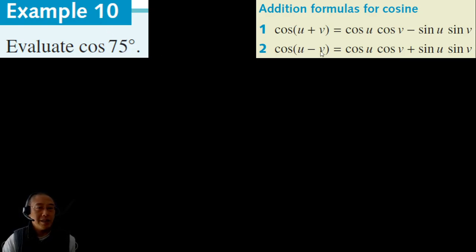First, let's say I'll go with the wrong one, the difference. It would be 90 minus 15. We don't have an exact value for cos of 15 degrees or sine of 15 degrees. So move on to a sum. What would be a sum here, with the 5? The only angle we know ending in 5 is 45, and 75 is 45 plus 30. We know the exact values for 45 and 30, so that's what we're going to use.